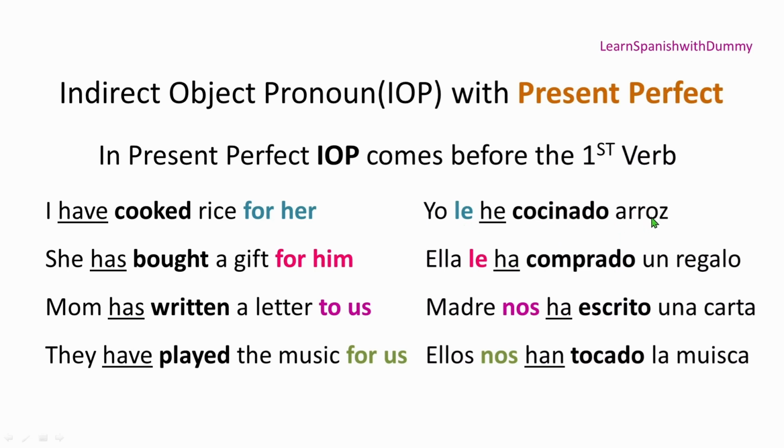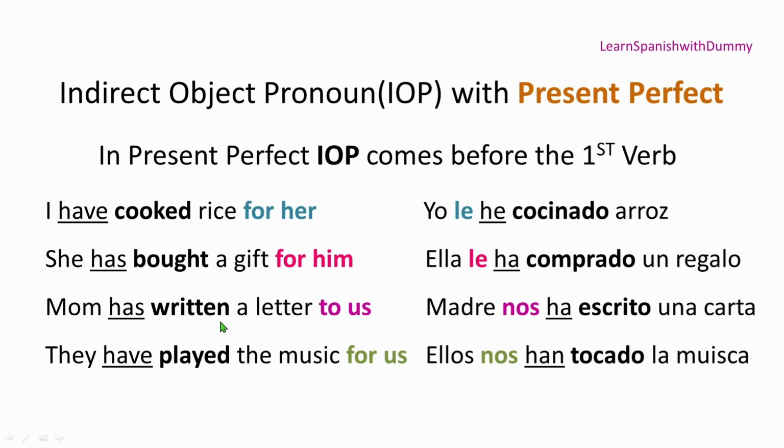Yo le he cocinado arroz. She has bought a gift for him will be ella le ha comprado un regalo. Again, putting le before the first verb. Ella le for him has, comprado is bought, regalo is gift, right?